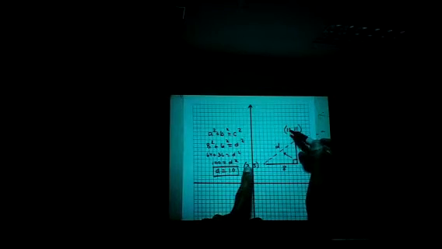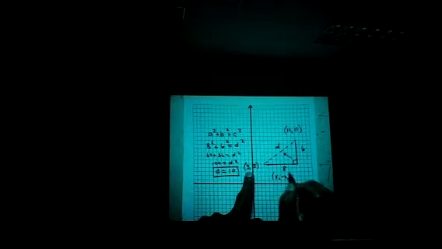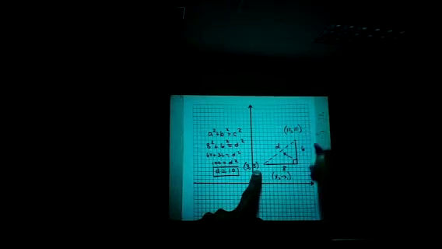Notice that this is also the difference between my two x values. This is x2 minus x1. And notice that this distance 6 is not just found by counting units, it's also the difference between my two y values. It's y2 minus y1.